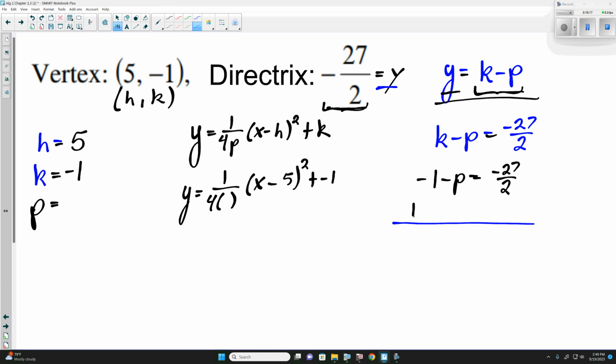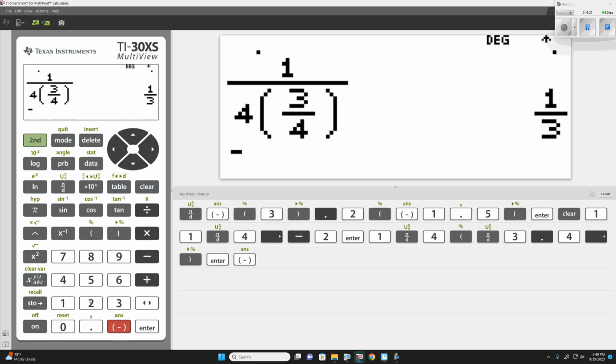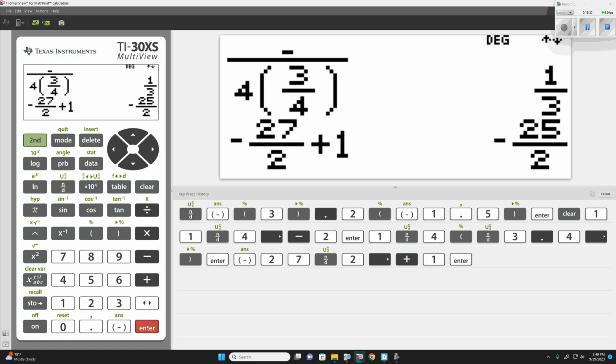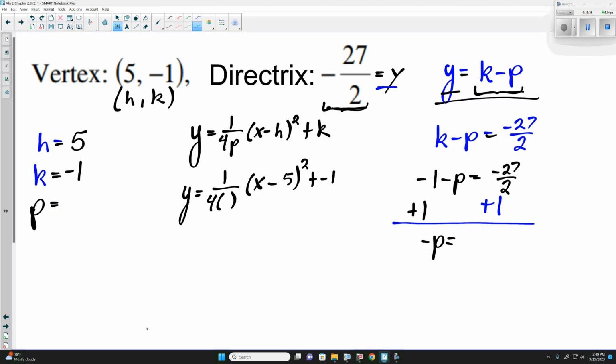The -1, so we would add 1 to both sides, telling us that -p is equal to -27/2 plus 1. We still need to simplify because it tells us -p is -25/2.